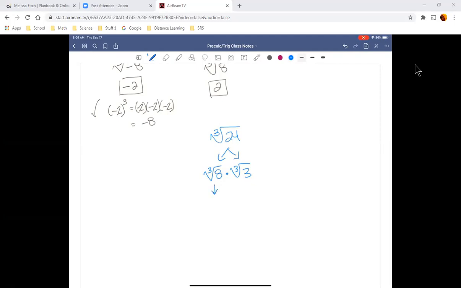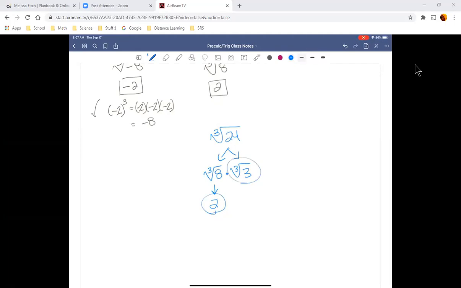Can we simplify the third root of 8? That would be 2. Can we simplify the third root of 3? Do we know a number times a number times a number that's going to give us 3? Nope.